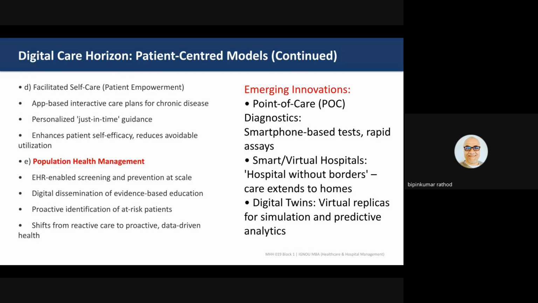As we start adopting digital health, we have to make sure that we can create a patient-centered model by utilizing the whole digital care horizon. One of the most important emerging innovations that I come across is point of care diagnostics.